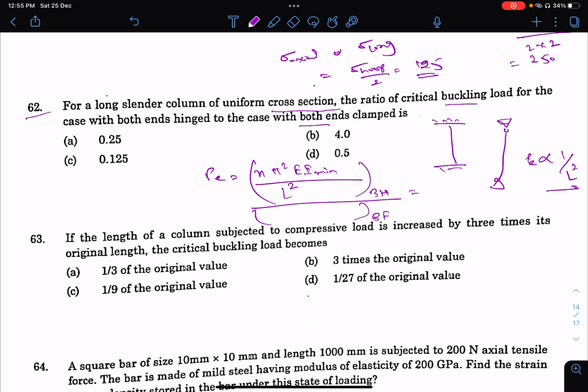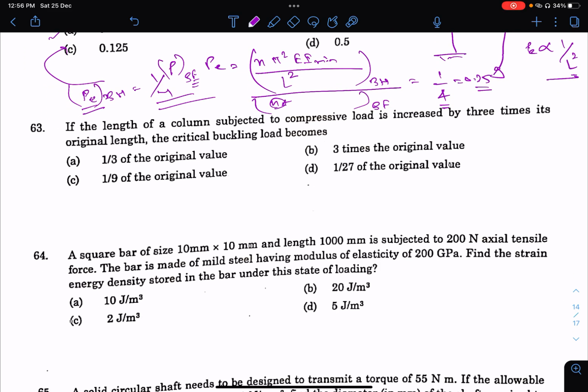So this will come out to be 1 by 4. Here N will be 4 in this case. So the answer will be 0.25. It means PE for both the ends hinged will be 1 by 4 times that of both the ends fixed. So you require less buckling load for this condition. So the correct answer is A.